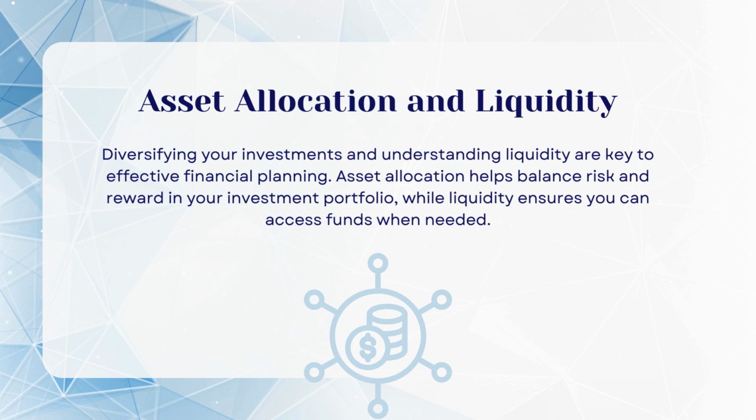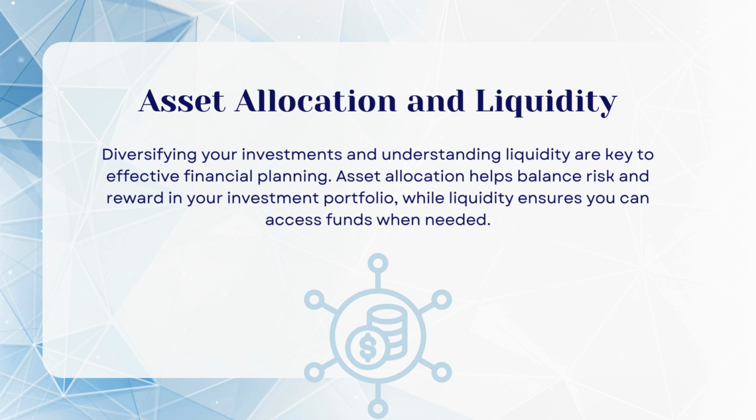We'll talk about liquidity in a second. Diversifying your investments, or putting your money in different places, not putting all of your money into one thing and hoping that makes you money, is a smart way to go in terms of financial literacy. Understanding liquidity: liquidity is how quickly you can turn that asset into cash.